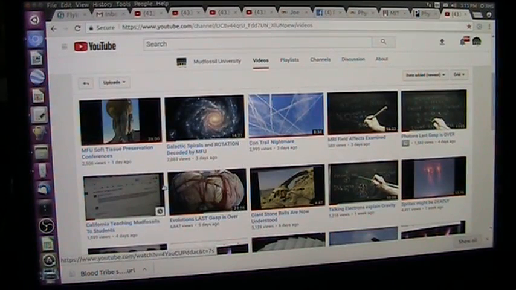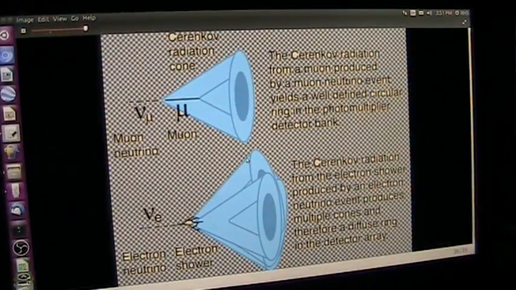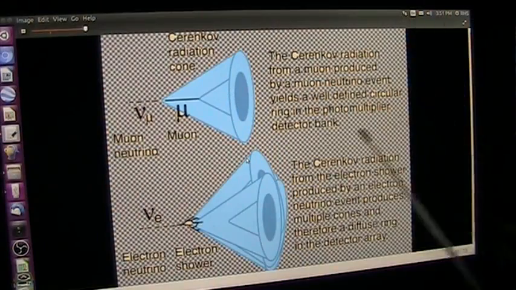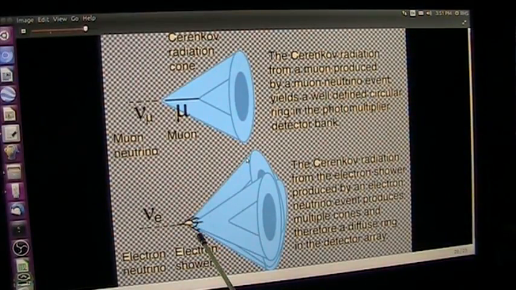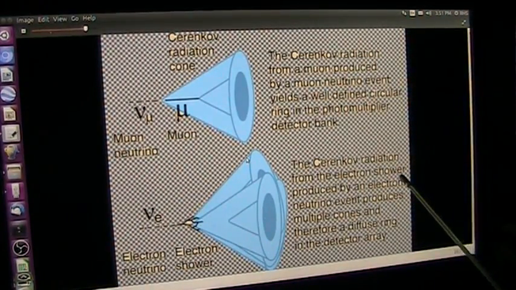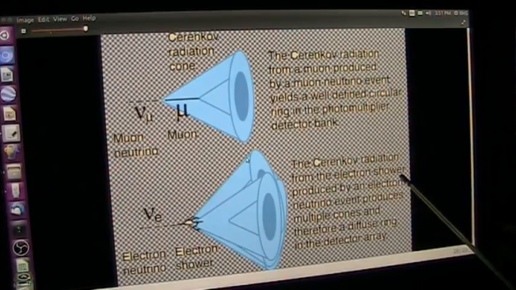Well, this is crazy. Here you have Cherenkov radiation, and you have neutrinos, muon and electron shower, and that's what I'm showing is the electron shower, because we're working with electrons. When they come in at a high velocity and smash, you see this? They do just exactly what we see. They create these cones. Cherenkov radiation from the electron shower, which is exactly what I'm saying, is a high energized accelerated particle.